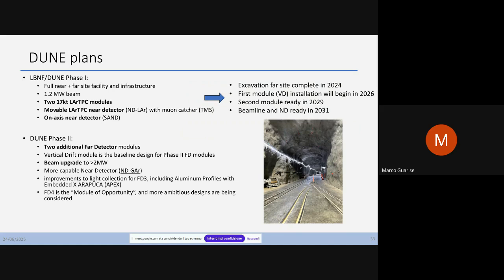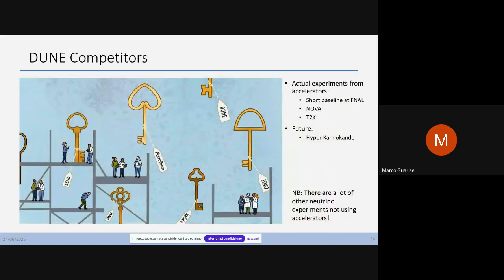So this is more or less what I would like to say about DUNE, and if I have a few more minutes, I can say something about the competitors of DUNE in terms of experiments that use accelerators.